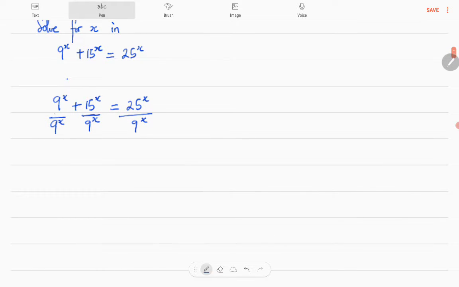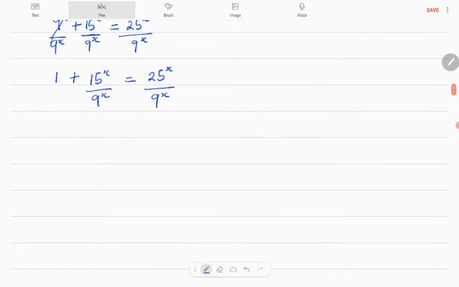And of course, this cancels to give us 1 plus 15 to the power of x divided by 9 to the power of x is equal to 25 to the power of x divided by 9 to the power of x.